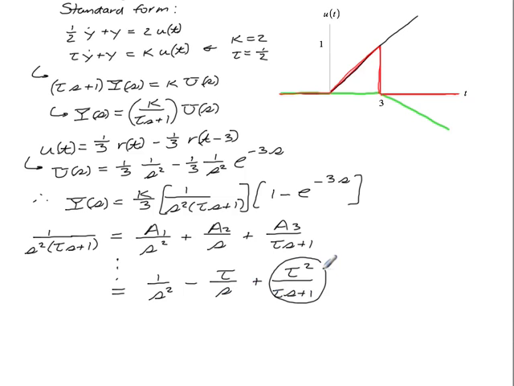I can rewrite this last term as tau divided by s plus 1 divided by tau, basically dividing the numerator and denominator by tau.